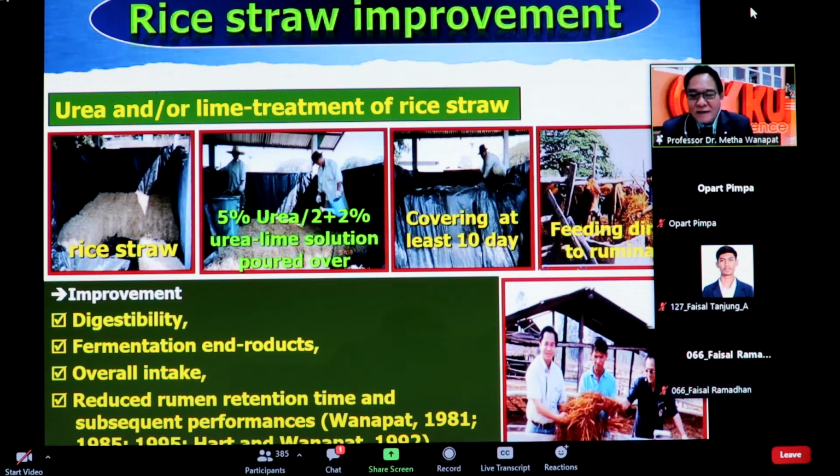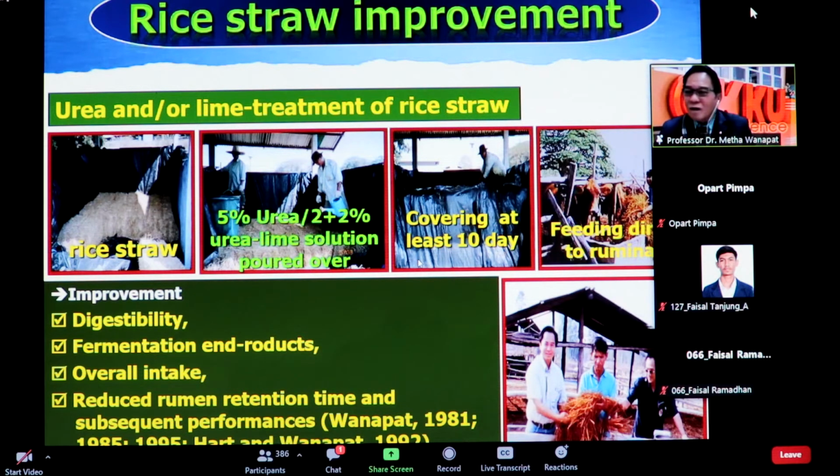This can be simply done in terms of urea treatment. We started with 5% urea treatment. There is a lot of work from Indonesia as well that has shown the positive impact of urea treatment. Considering the cost of urea, we have been able to lower the concentration of urea to 2%.